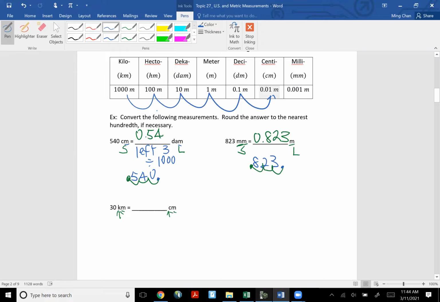Moving 5 places to the right means times by 5 zeros: 1, 2, 3, 4, 5. So that means times 100,000. We talked about this before. All you have to do here is start with your 30 and add 5 zeros behind it: 1, 2, 3, 4, 5. Okay. So it'll be 3 million centimeters.